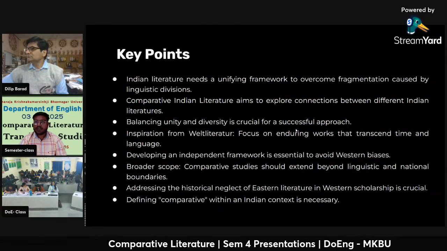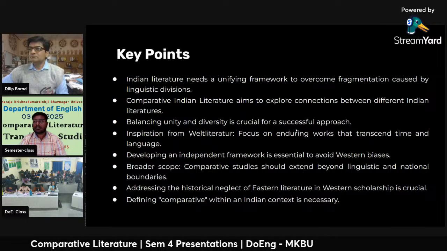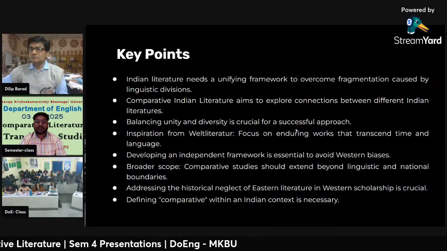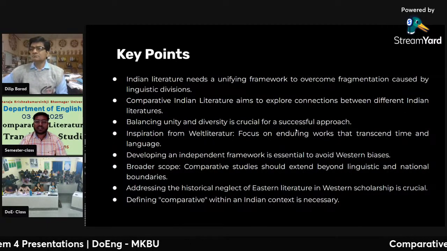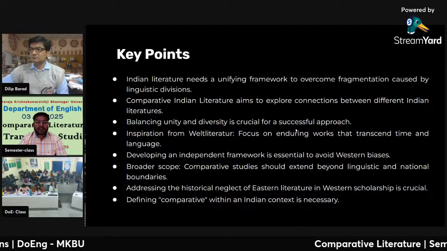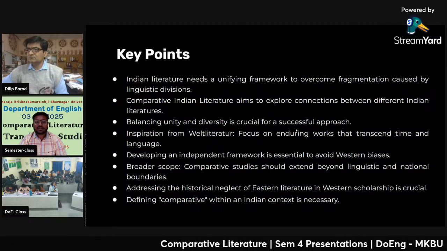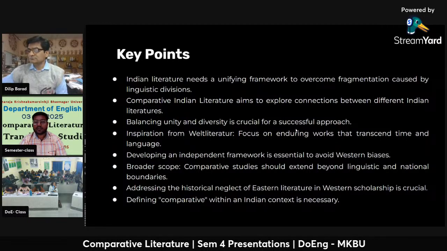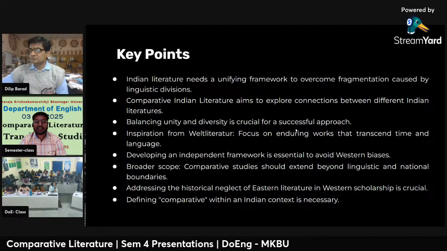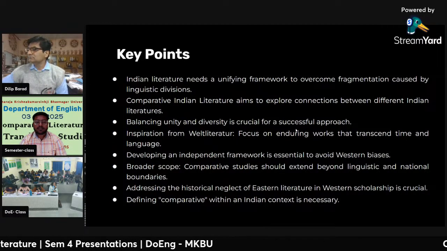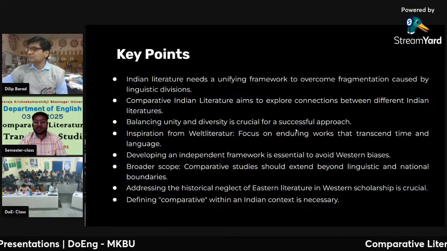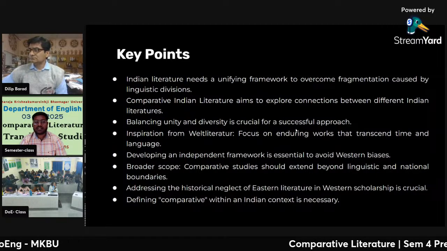So now, in the earlier part of this article, there are major key arguments given by Sisir Kumar Das. The first, Indian literature needs a unifying framework to overcome fragmentation caused by linguistic division, and comparative Indian literature aims to explore connections between different Indian literatures.